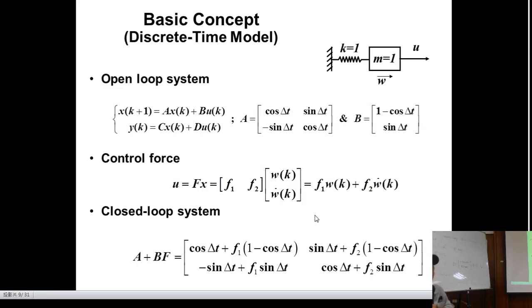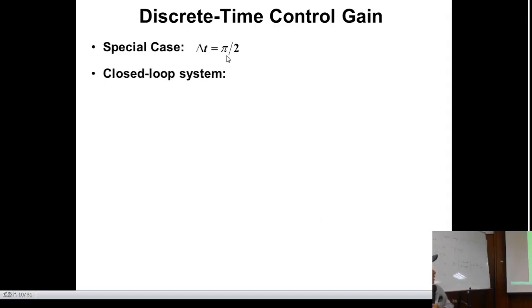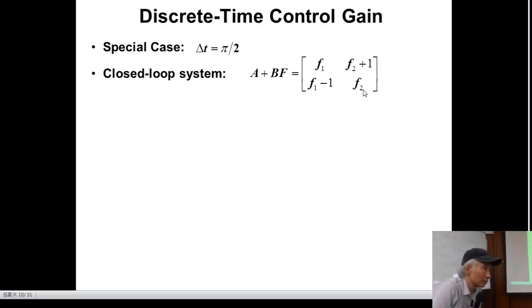It depends on what kind of eigenvalues I want to have. So special case, delta t equal to pi over 2. Assume like that. My closed loop system A plus BF becomes F1, F2 plus 1, F1 minus 1, F2. That's my closed loop state matrix. It becomes very simple when delta t equal to pi over 2.